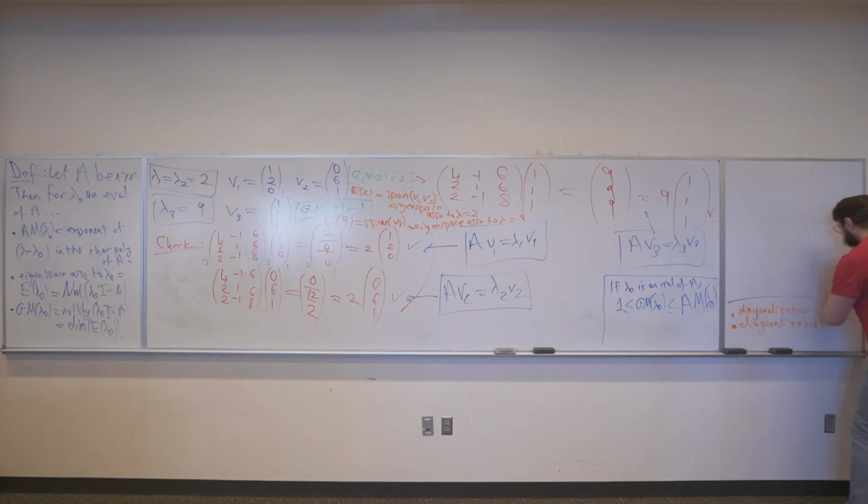So look at this. This is the main example. Consider, for instance, A to be like this. It's upper triangular.